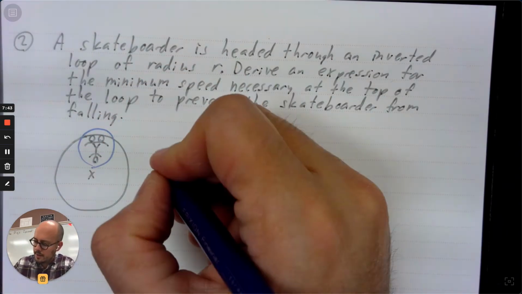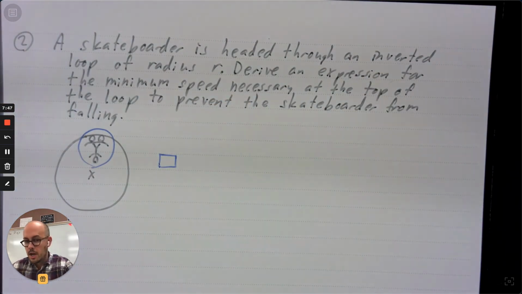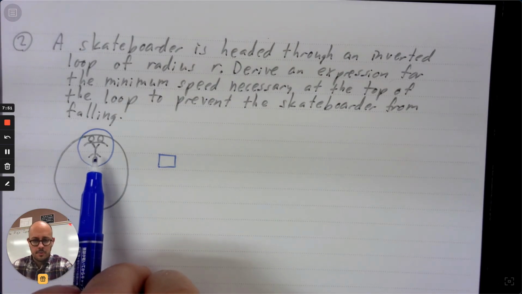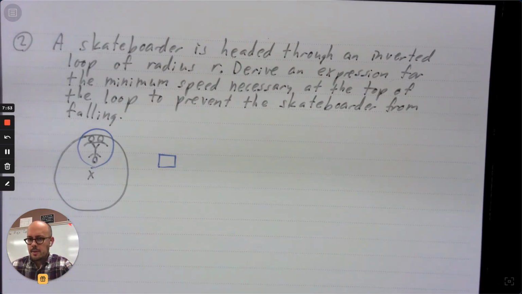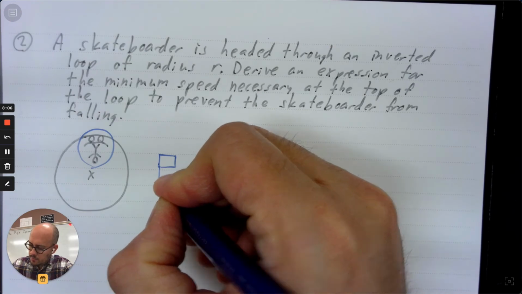This free body diagram is going to be a little different. I'm going to draw the skateboarder as a box, and you'll see why in just a second. As far as the forces acting on the skateboarder, we again make an assumption every time it's circular motion that it's constant speed. And so any left and right forces will cancel. And so what we really care about are those vertical forces.